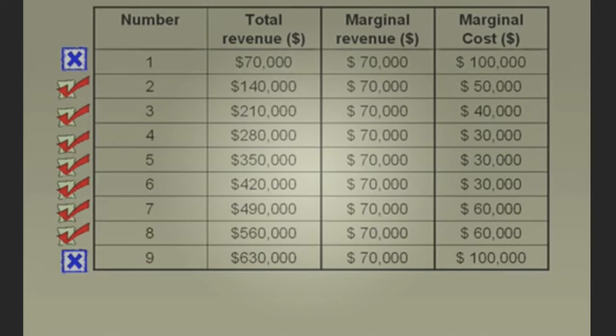So the answer here is the point where MR comes very close to MC is 8 units. At 9, MC is greater than MR. So, let me recapitulate. The concepts of marginal revenue and marginal cost are used to figure out the optimum level of output for the company.